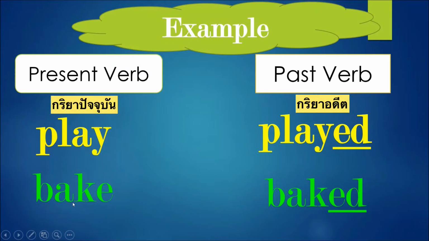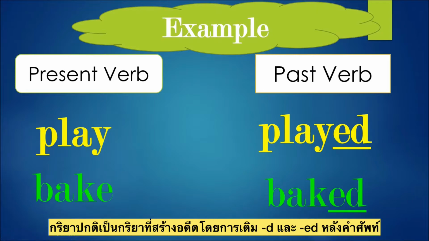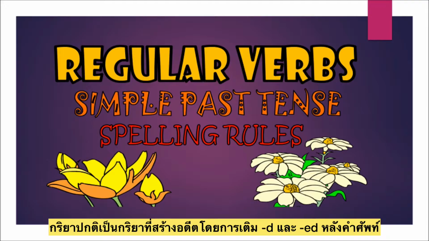In the present we say bake, but in the past you add d, so you will say baked. So when you say regular verbs, they are verbs that you add D or ED at the end of the verb.